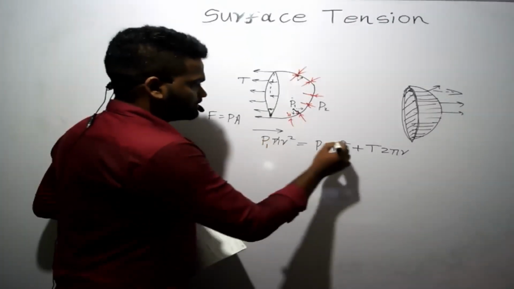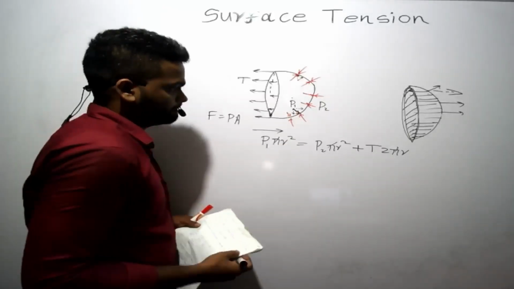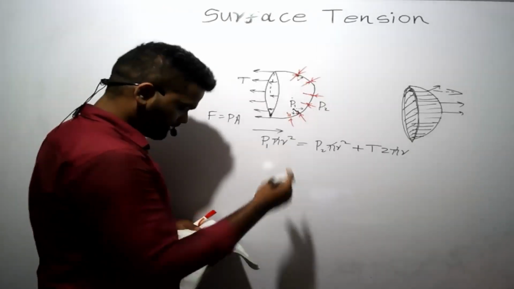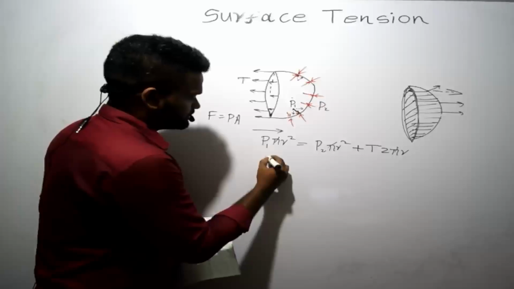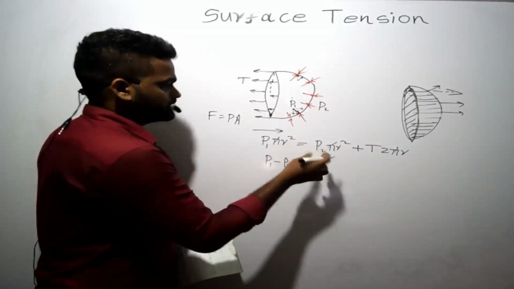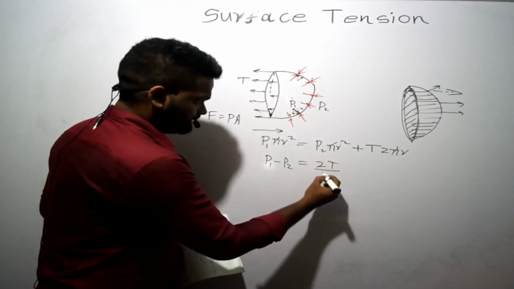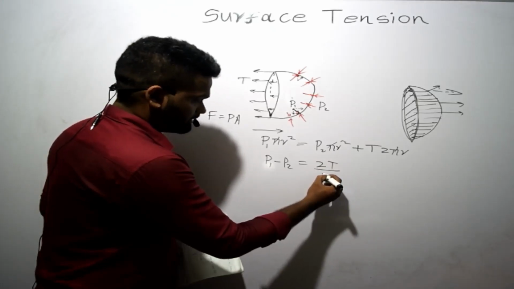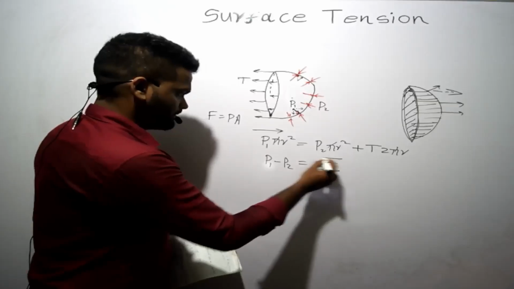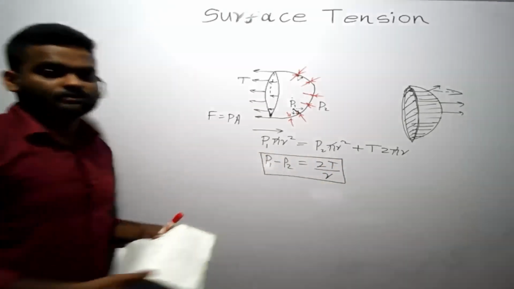Then you can get rid of this pi. When you simplify, you get P1 minus P2 equals 2T divided by R. You need to remember this equation.